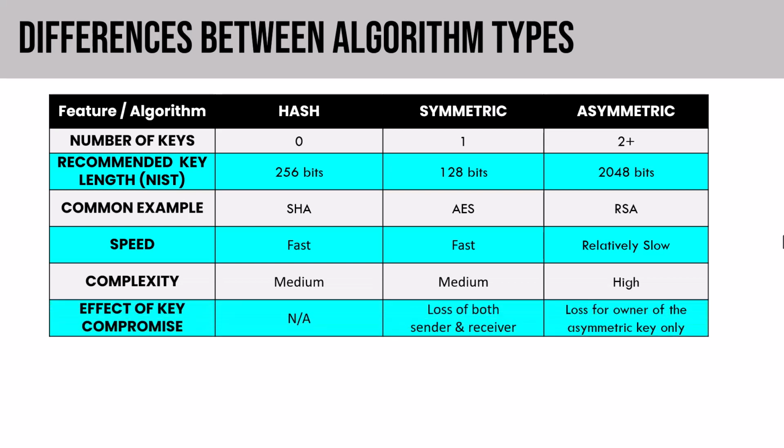The effective key compromise. So with hashing, there is no key. It's a one-way function. With symmetric encryption, if we lose our key, if our key is compromised, everybody in the equation is compromised, sender and receiver. So the only key you can lose in asymmetric is your private key.